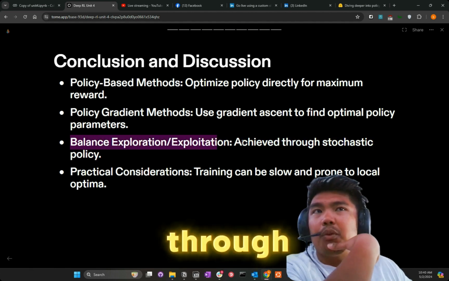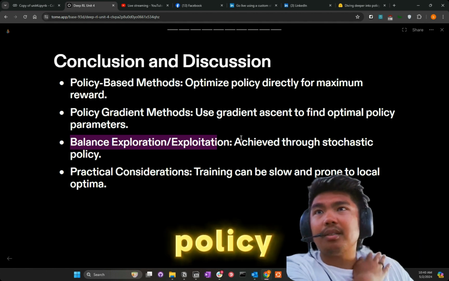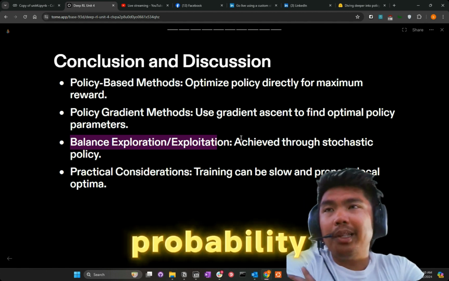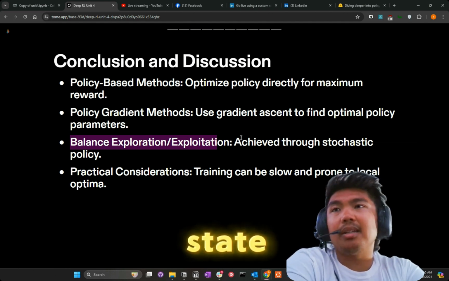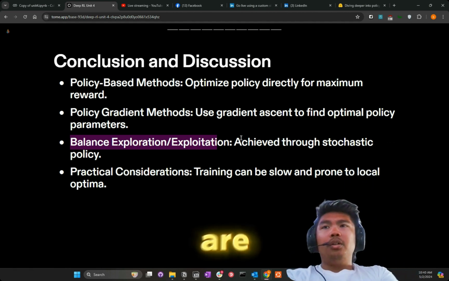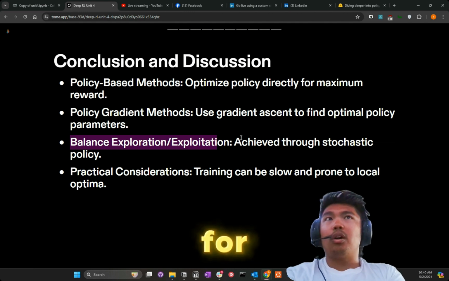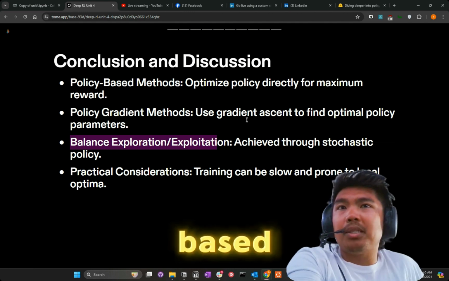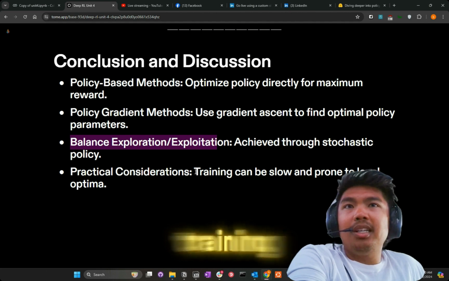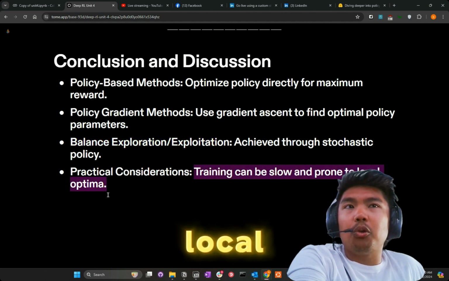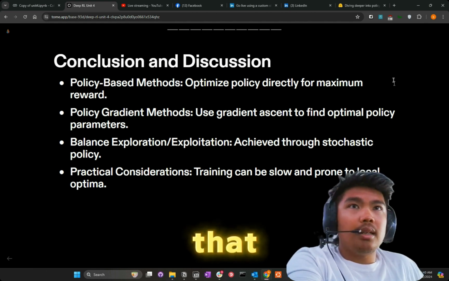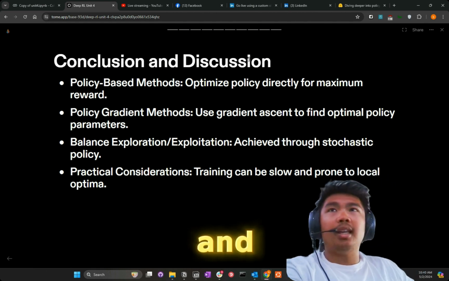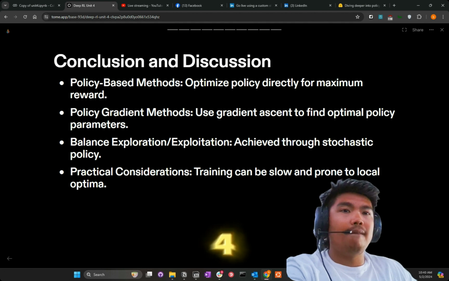This is achieved through that stochastic policy, where you have probability distributions for the potential actions that could be taken at that state. And what are some of the practical considerations for policy-based methods? The training can be slow and prone to local optima. So with that, thank you for watching, and that concludes Unit 4.